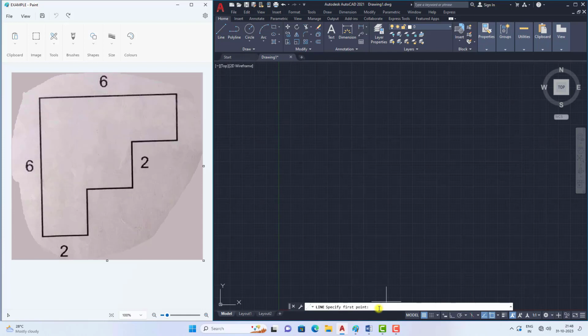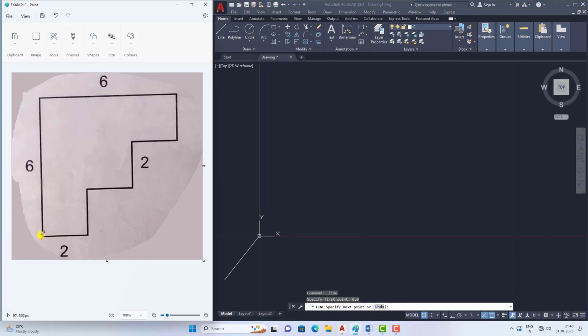To give the first point, you need to give only x and y values. I am giving the value 0, 0 and pressing enter. See, it takes the origin point 0, 0 as the first point, and now it is asking you to specify the next point.